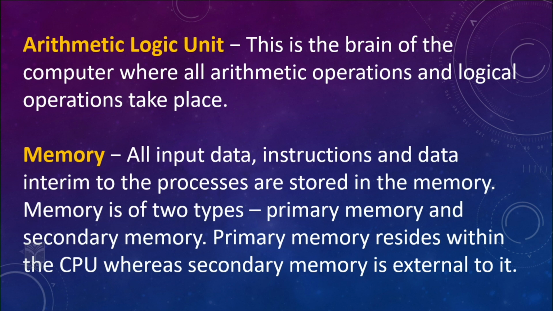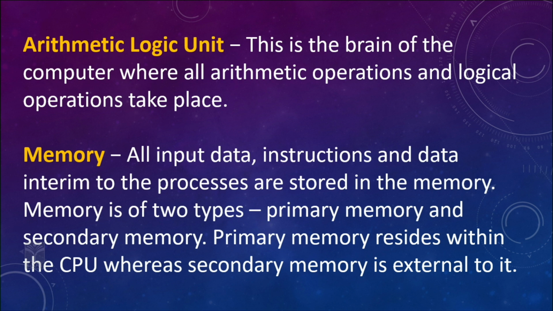And the memory. All input data, instructions, and data interim to the process are stored in the memory. Actually, there are two kinds of memories. One is called primary memory, another one is called secondary memory. Primary memory resides within the CPU, whereas secondary memory is external to it.